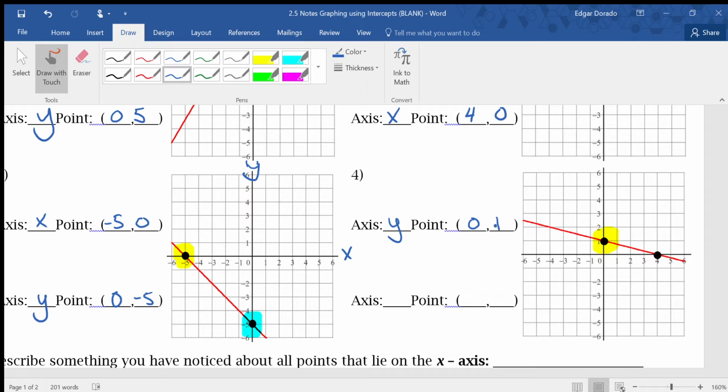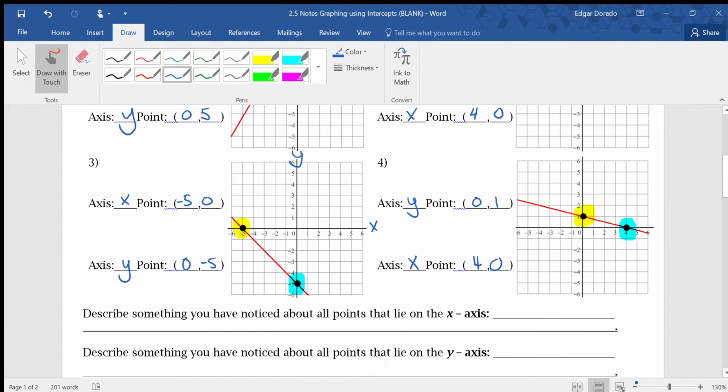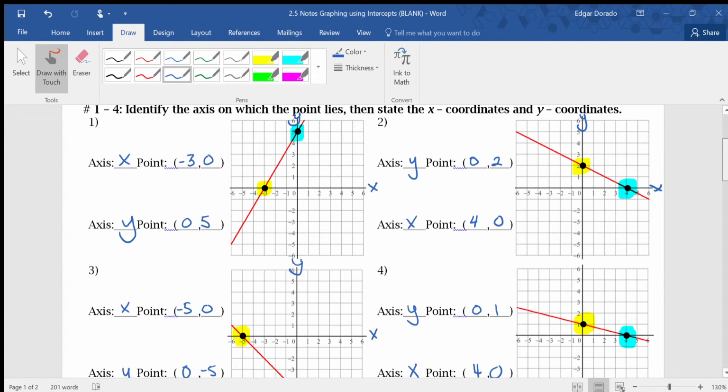And then we have on the x-axis this other one over here, which is 4 comma 0. Okay, so let me go ahead and zoom out here a little bit. The reason I want to zoom out is so we can see these graphs as we move along.